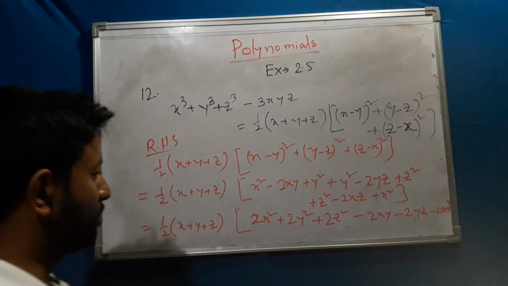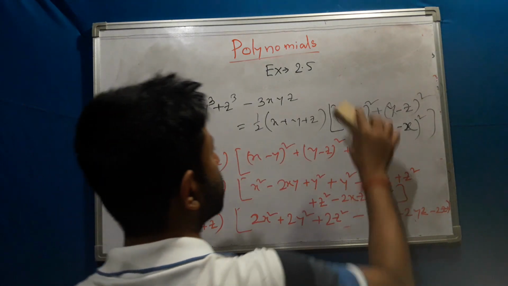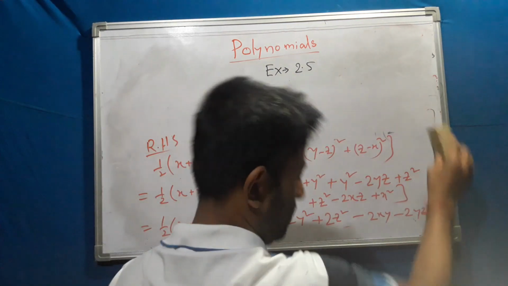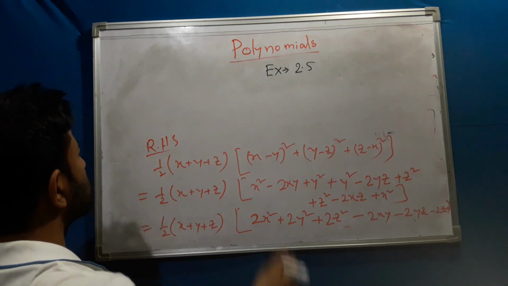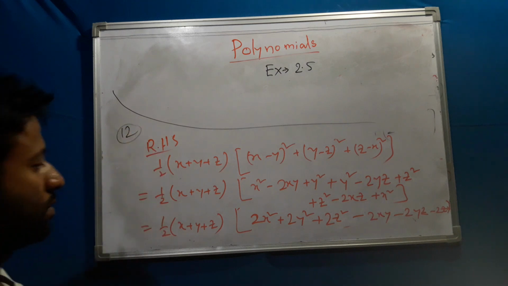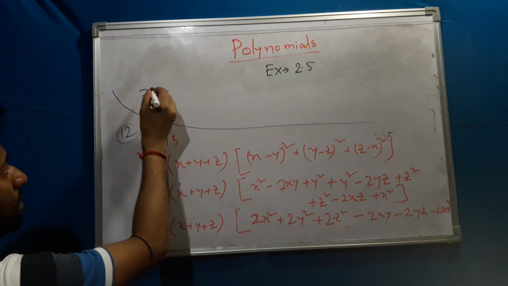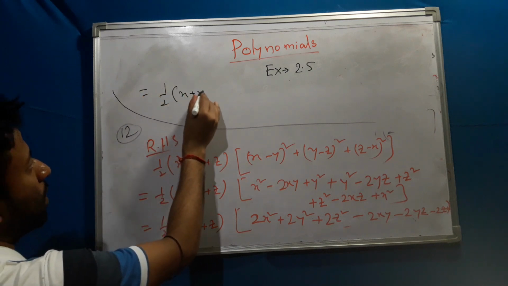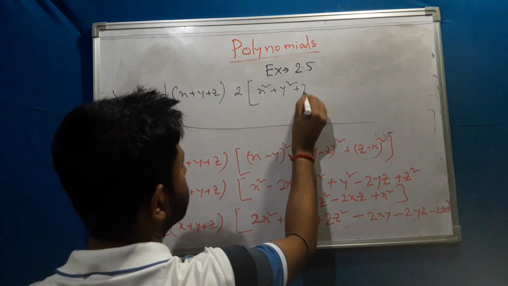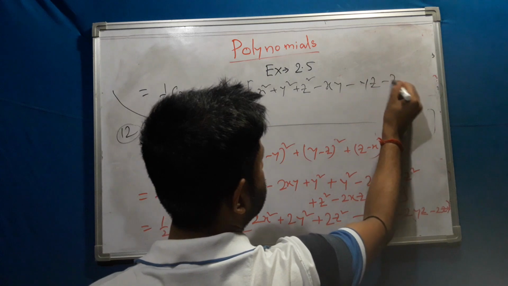Now I can take 2 common, so 2 and half will be cancelled, so I can write here half into x plus y plus z, and here 2 common, that is x square plus y square plus z square minus xy minus yz minus zx.